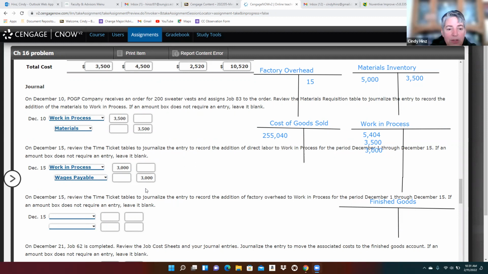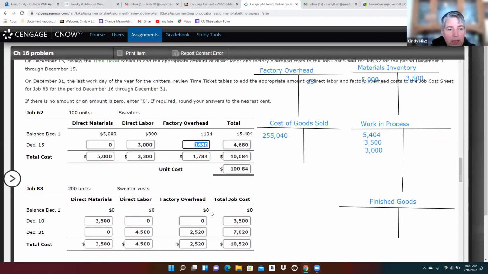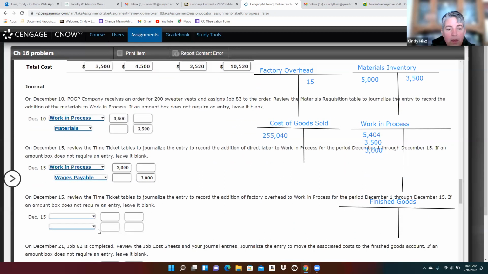Next thing is the allocation of our overhead. And we had calculated right here on job 62, $1,680 in factory overhead. So that moves out of the factory overhead and into work in process, $1,680. And we're going to be able to enter that in our T accounts as well.